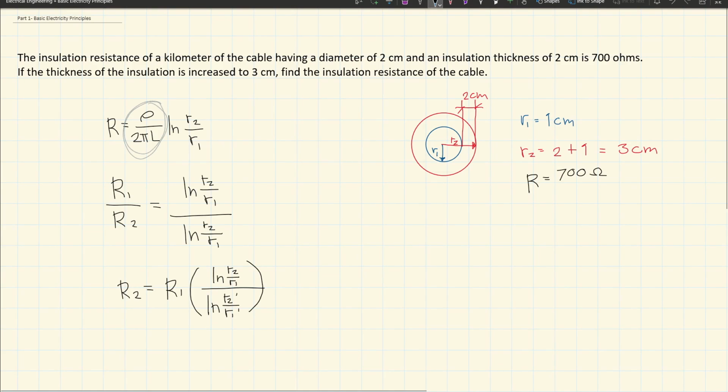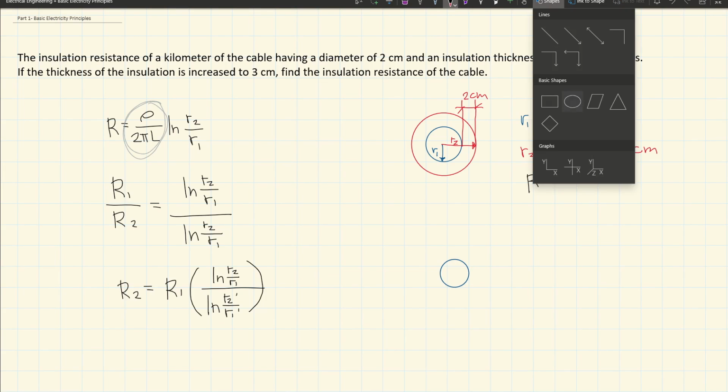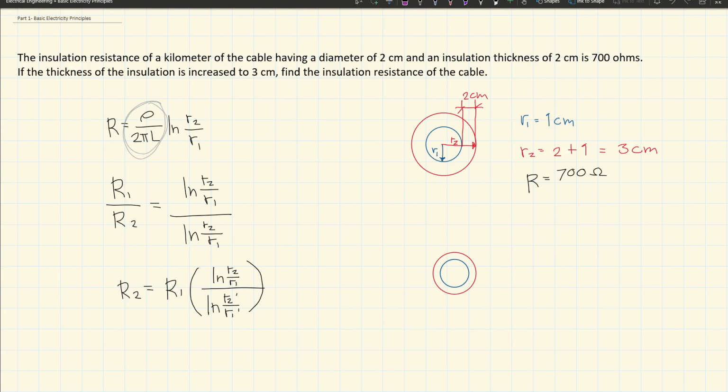Then let's draw the cable with the new insulation thickness. This is the R1. This is R2. R1 will still be 1 centimeter. And the new insulation thickness is 3 centimeter.